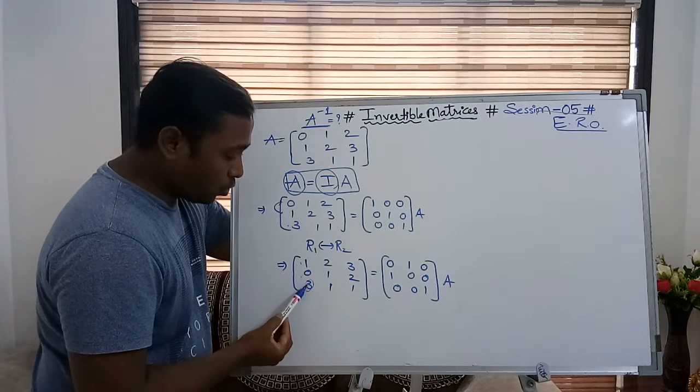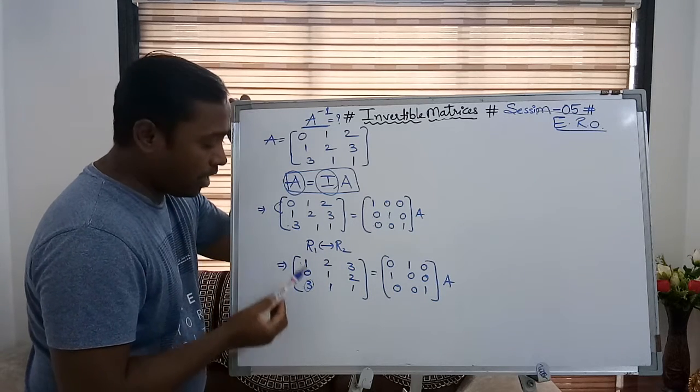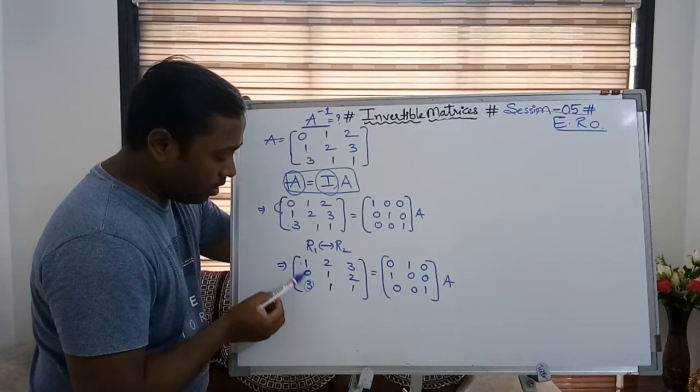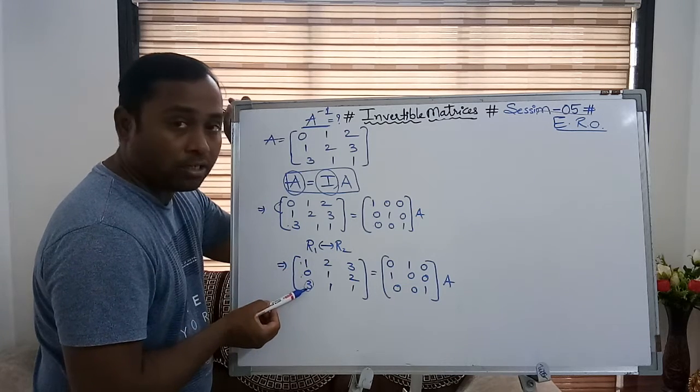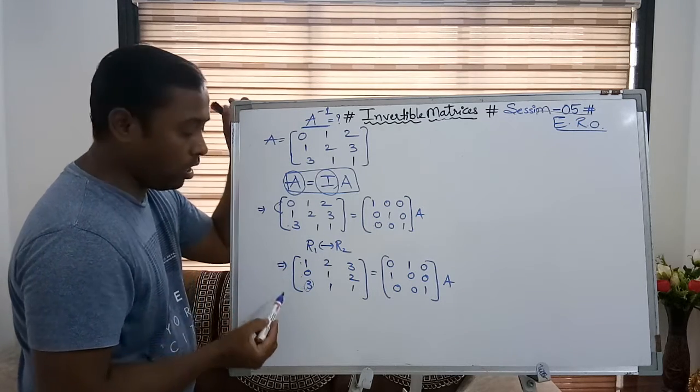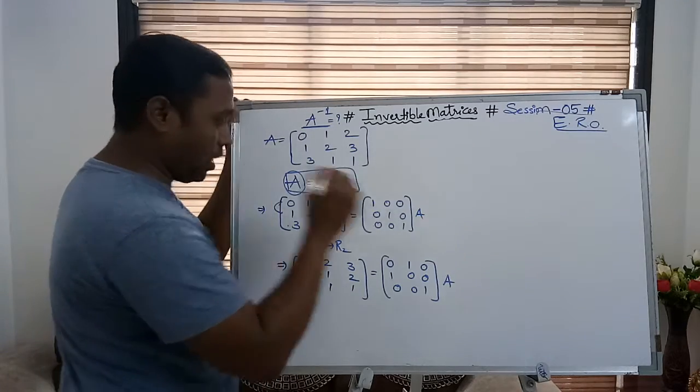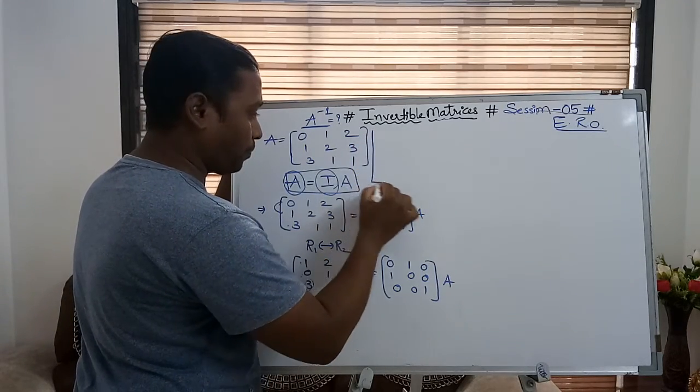It means to get 0 here, I can subtract 3 times the 1 from this element, and then it will be 100% 0. So that is the operation which I am going to apply here.